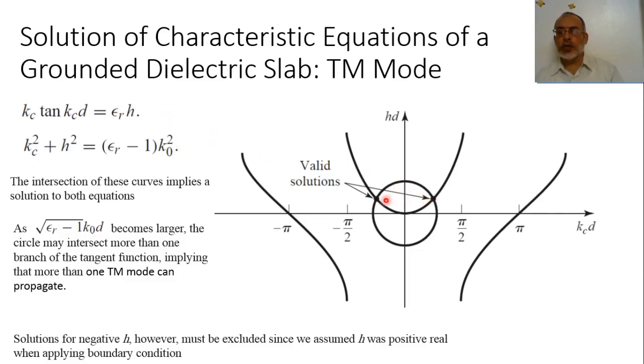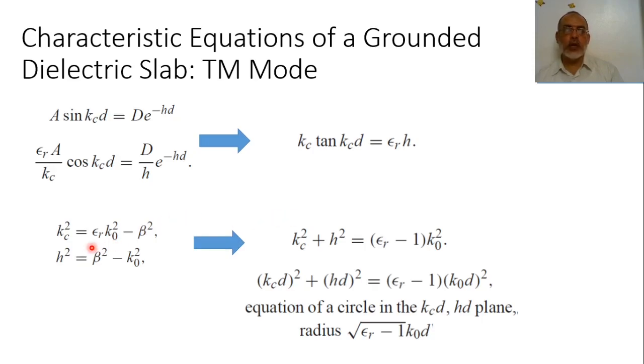And from this solution, we can determine the value of Kcd and the value of Hd. And from these, we can determine the value of beta, because if I know the value of Kc, I can determine beta, or if I have the value of H, I can determine beta.